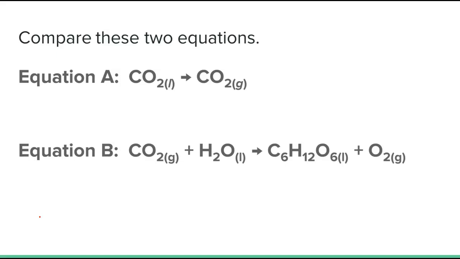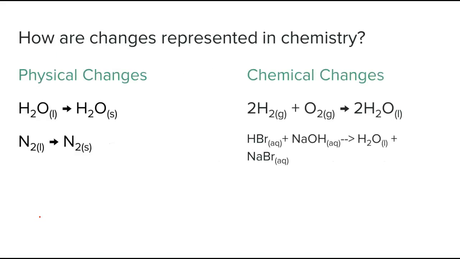So let's discuss what that actually means. If you take a look at these chemical equations and we look at physical changes versus chemical changes, you're going to see that in physical changes, the sequence of letters before the arrow is identical to the sequence of letters after the arrow.